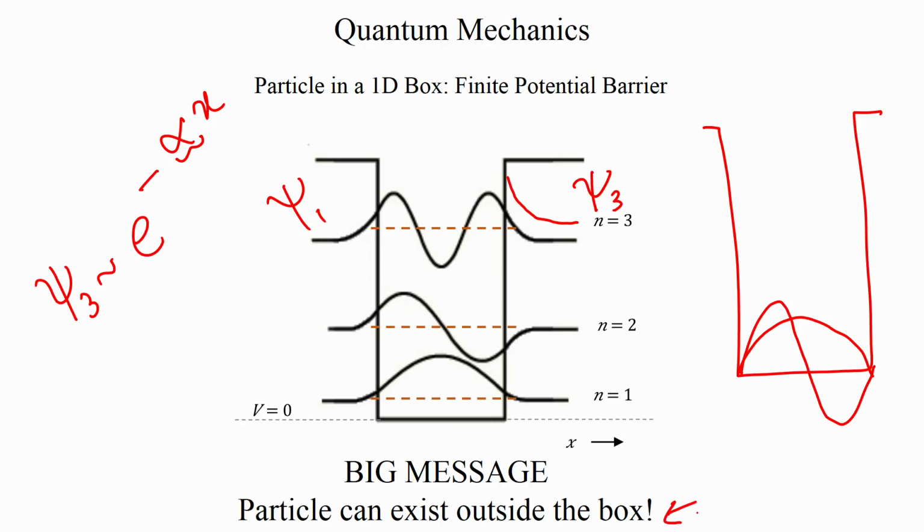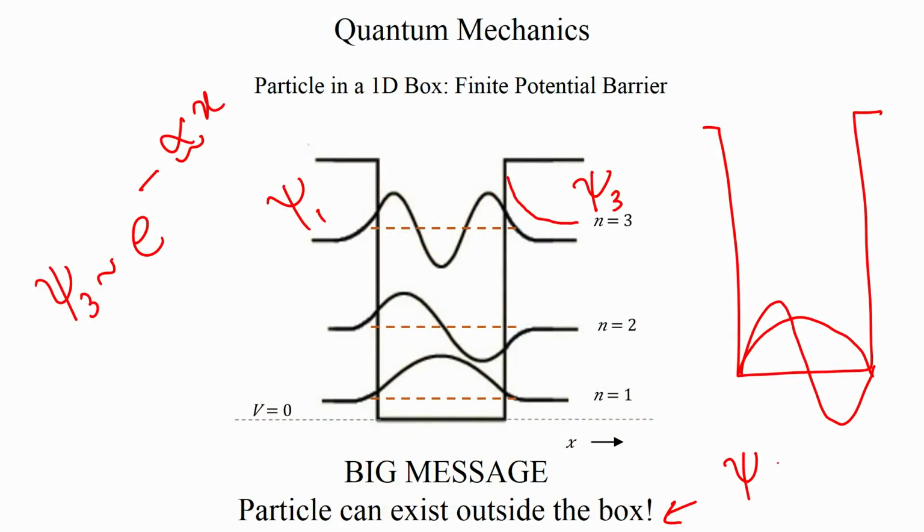What quantum mechanics is telling you is that even though E is less than the height of the barrier, the particle can exist in that region. If you remember, psi square is indicative of the probability density function of finding the particle in any given region. So psi square dx is the probability of finding the particle between x and x plus dx.